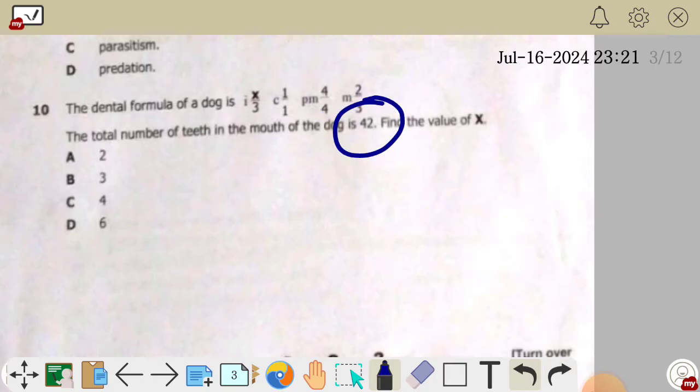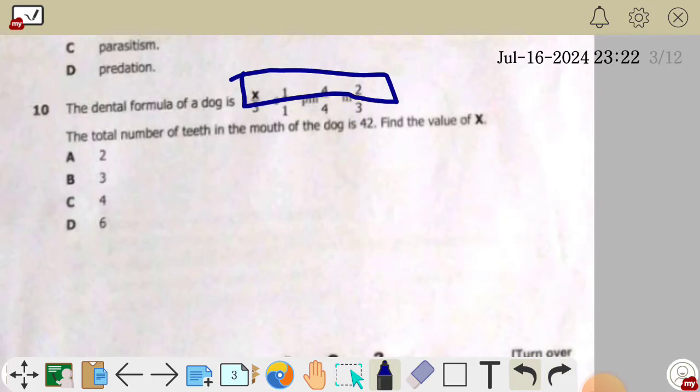So the total number is 42, but on the upper jaw we only have half of that. We have 10, that is half. Then on the lower jaw we must have the same. So we can just add the teeth on the upper jaw and equate them to the total number, which is 10.